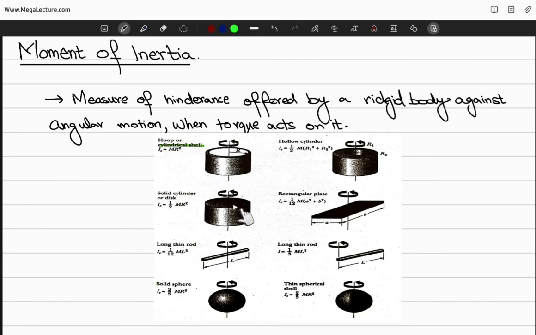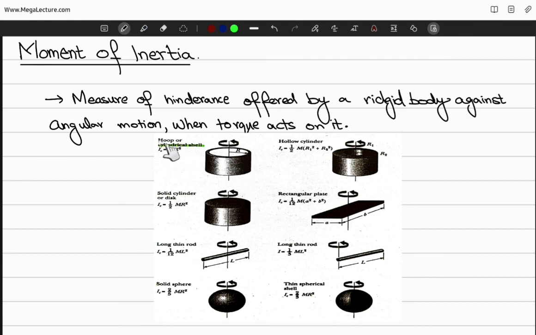So here we have some regular bodies, and their moments of inertia are written with the names of those bodies as well. You can pause this video and have a good look at these moments of inertia, and these are the expressions with which we can calculate the moment of inertia for these bodies.